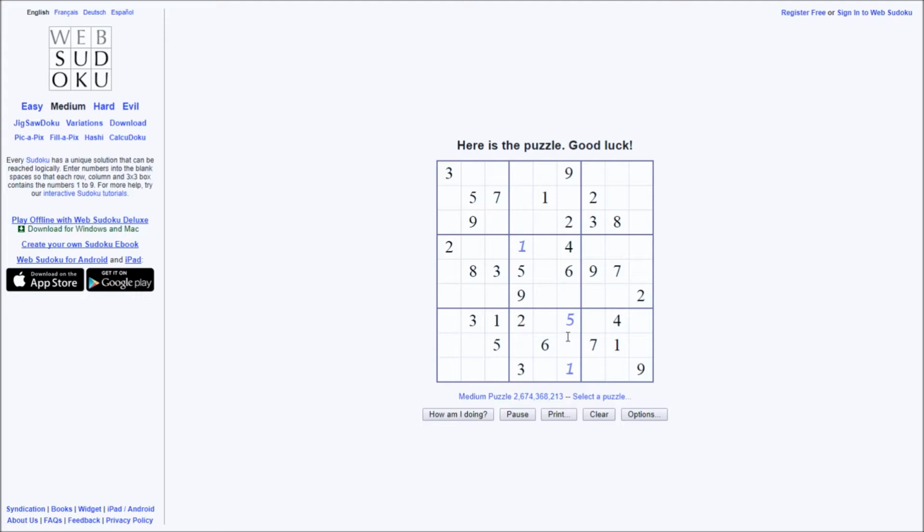But what that implies to me is that since a 7 cannot be here, here, or here, and there's nowhere else in here that a 7 could be, it has to be here, which allows me to find a 7 here. And look at that, a 7 here and here in these 2 rows, and a 7 in this column excludes that, so there's a 7 here.